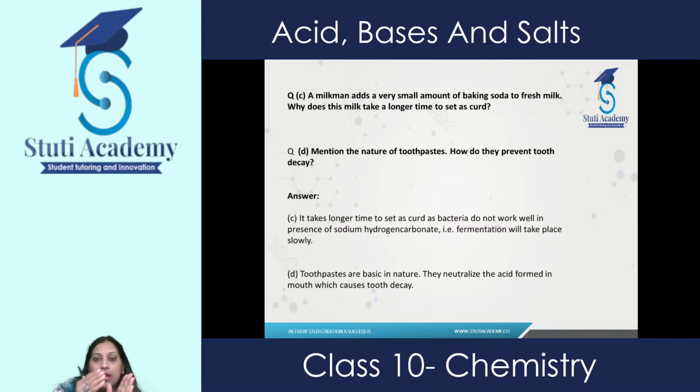Because the conversion of milk to curd takes place under the action of bacteria present in it. So those bacteria play a vital role in converting the milk into curd. But baking soda is a base, and although the pH of milk is already 6, if we add baking soda into it, its pH increases.